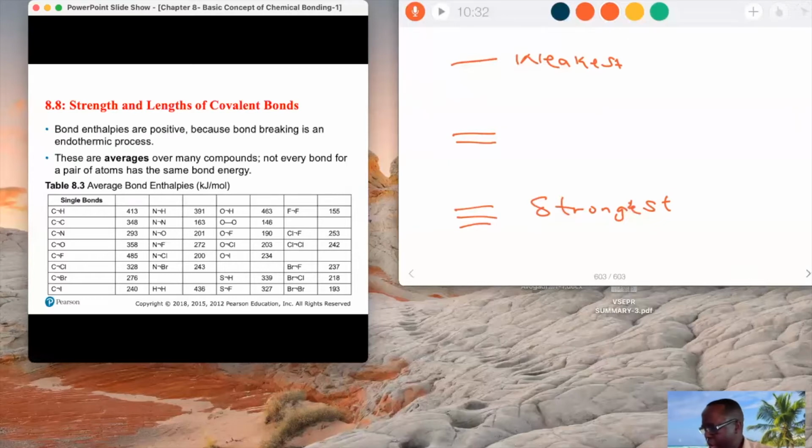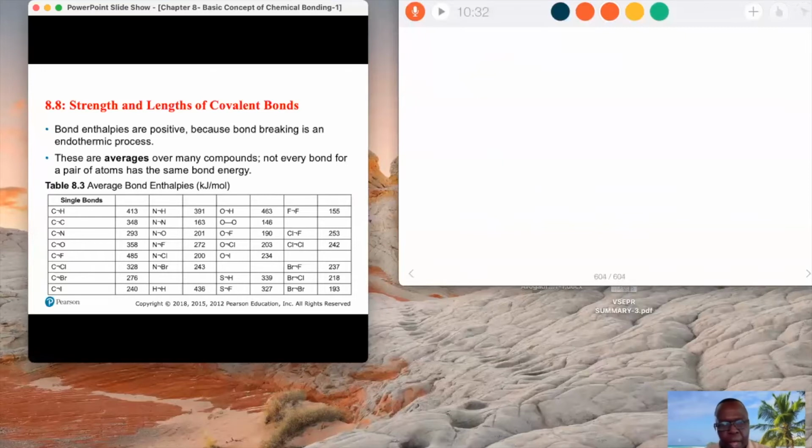This is how I look at it. If you think of atomic radius, the trend we looked at in chapter 7, it increases as you go down a group.